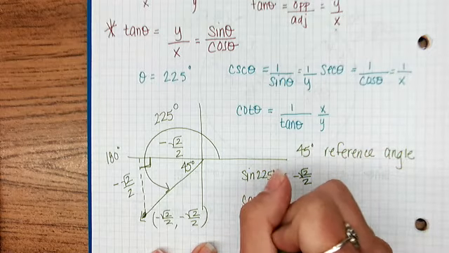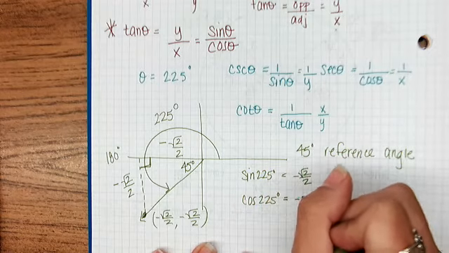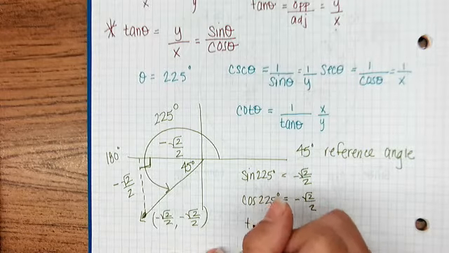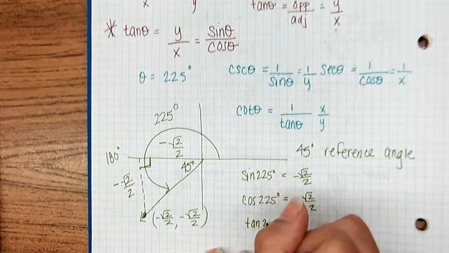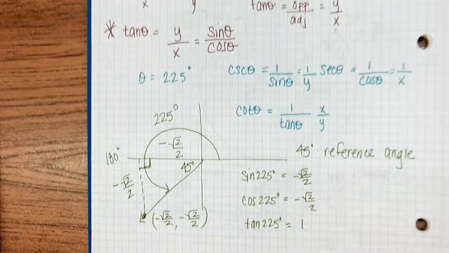So is the cosine. The tangent is y over x, sine over cosine, 1.